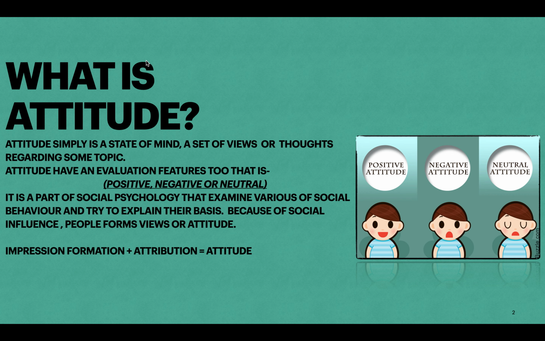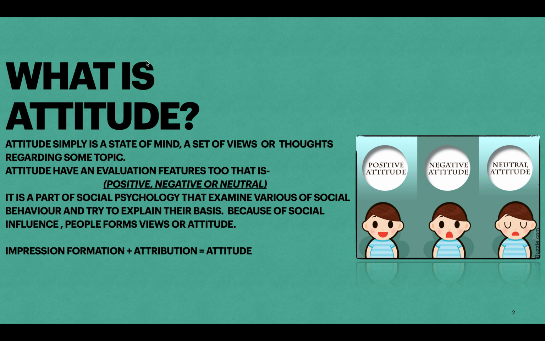Impression formation is when you make a certain image of a person. If I talk about a businessman who is very punctual and very cooperative, that's the image I have of him, that's impression formation.